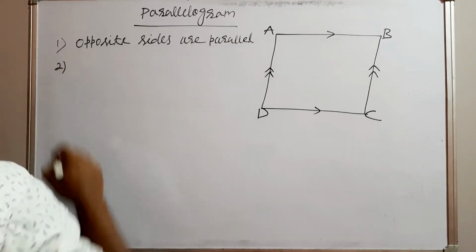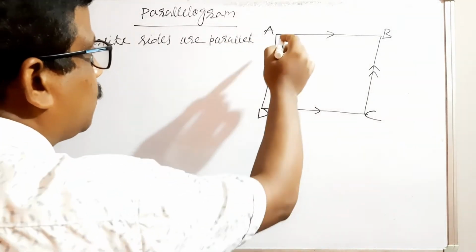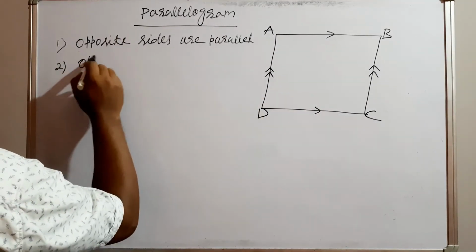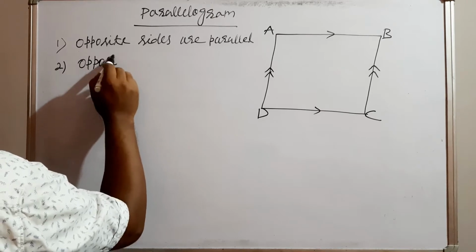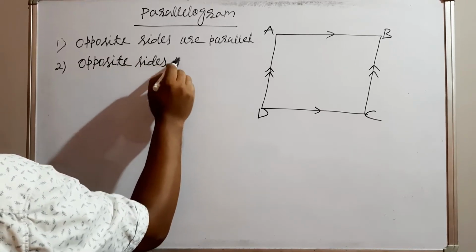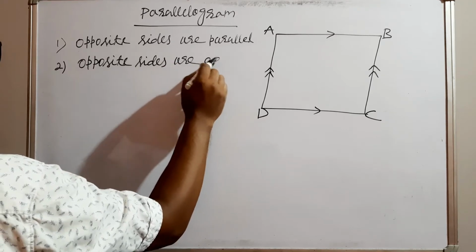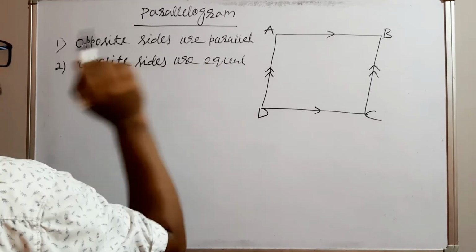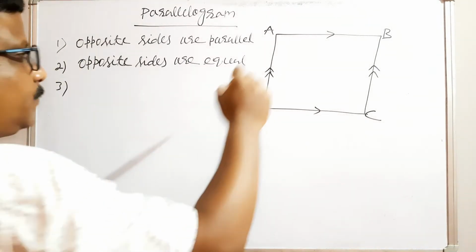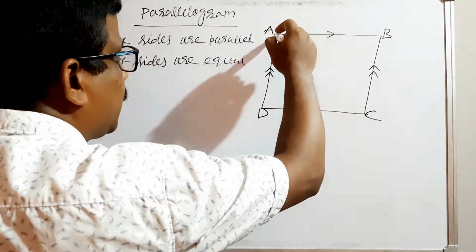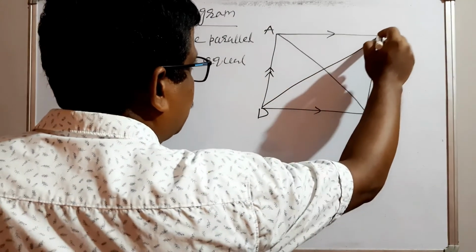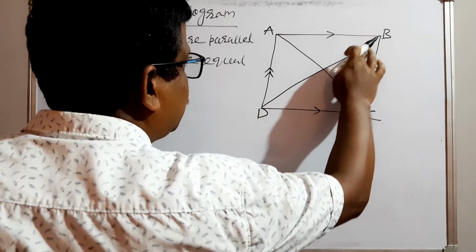Second property is that opposite sides are also equal. Third property, in a parallelogram the diagonals bisect each other.